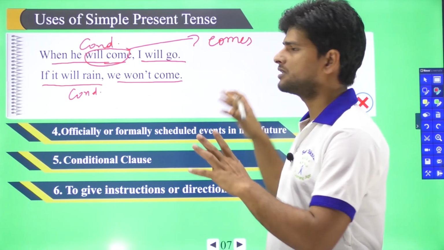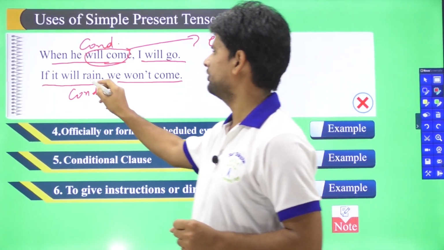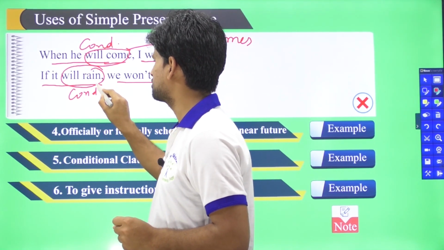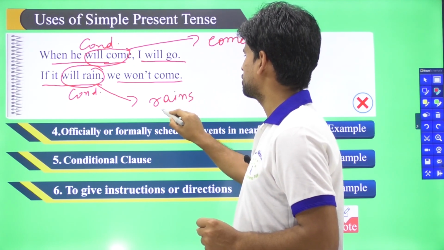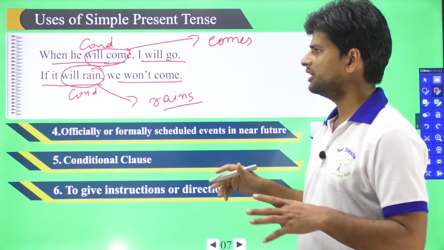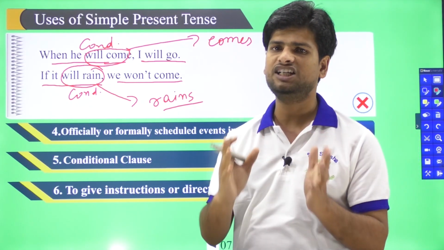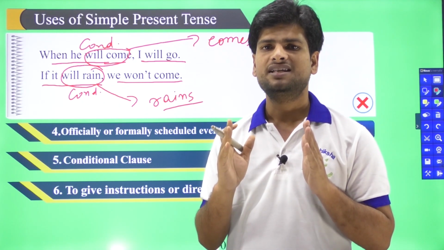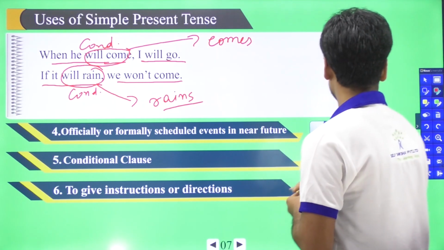That's why this structure is followed. If it will rain we won't come, नहीं, will rain की जगह सही structure होना चाहिए: if it rains we won't come. अगर बारिश होती है we won't come, तो हम नहीं आ पाएंगे. So in spite of talking about the future events in a conditional sentence, the condition part is kept in simple present tense. Hope it is very clear with you.